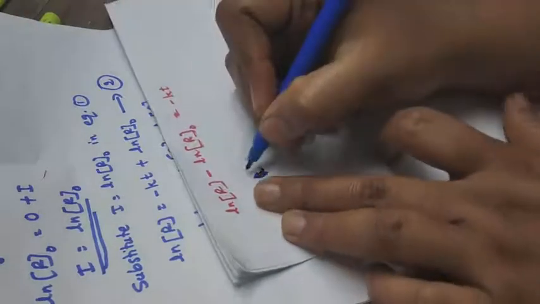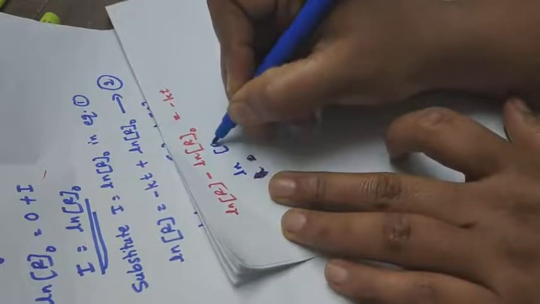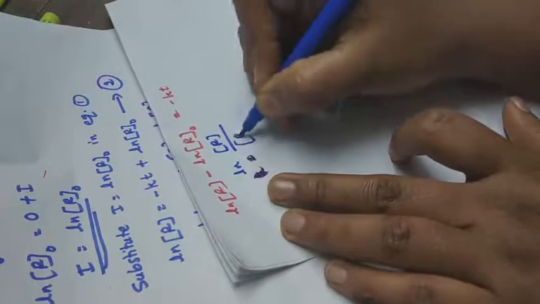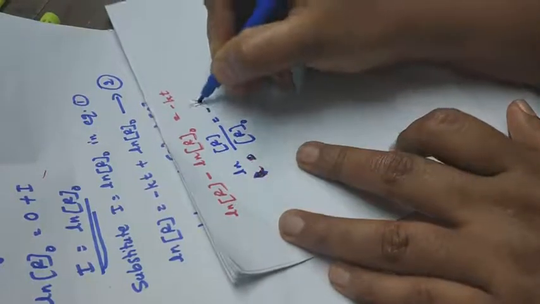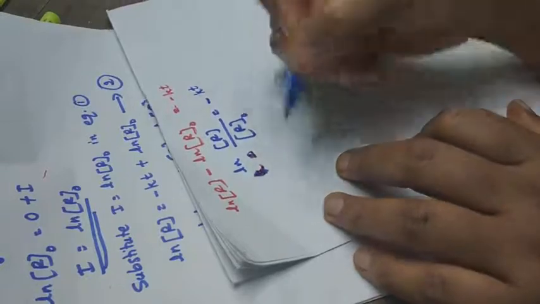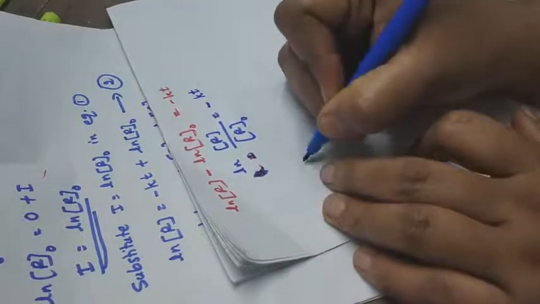So you can write this as ln R divided by R naught equal to minus KT.